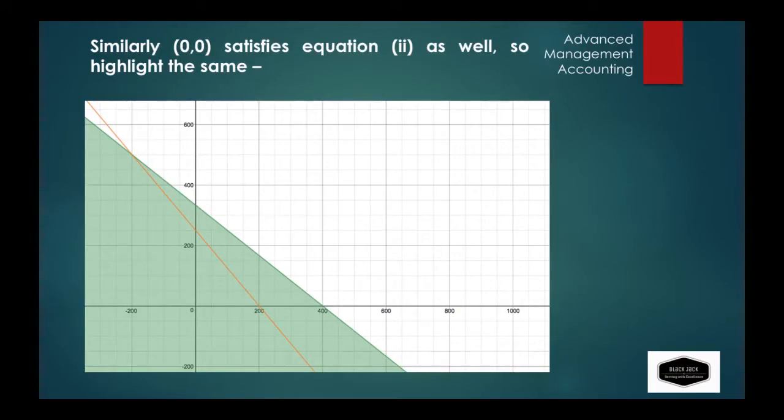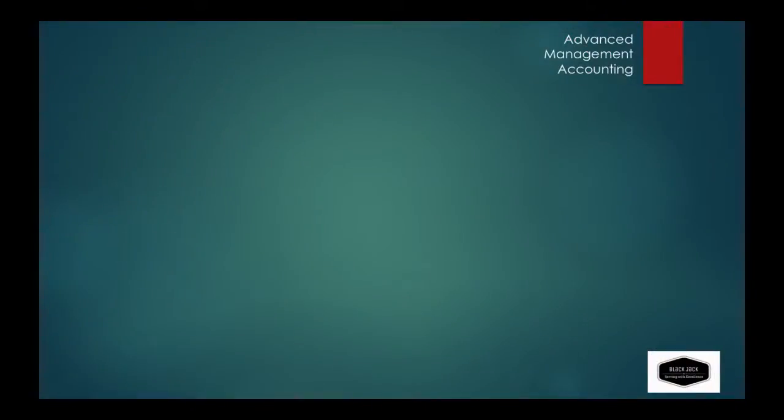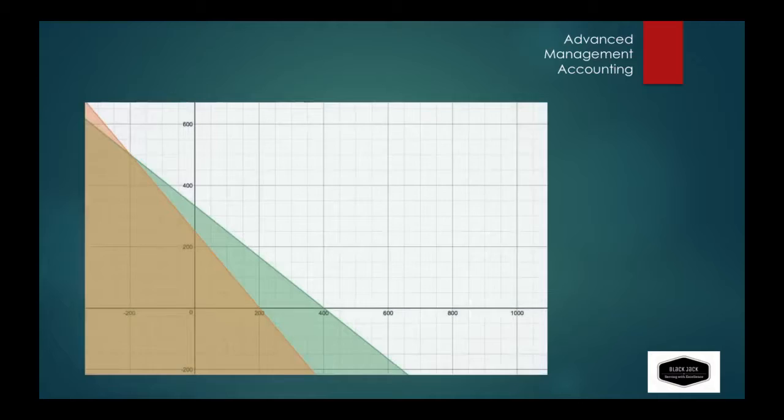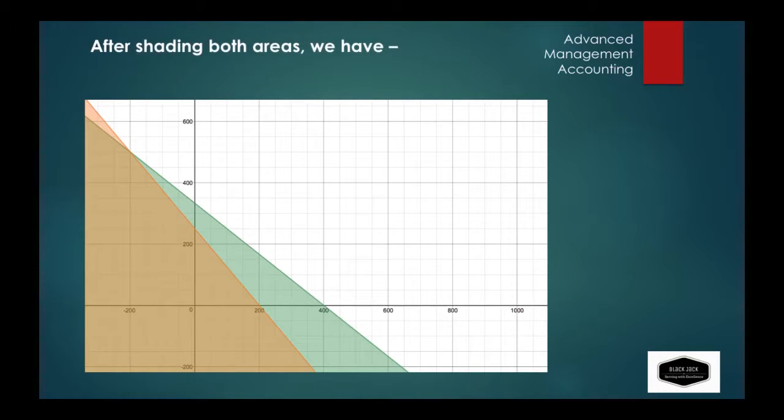Similarly, (0, 0) satisfies equation 2 as well, so we highlight the following area. Now after shading both the areas, our graph appears somewhat like this.